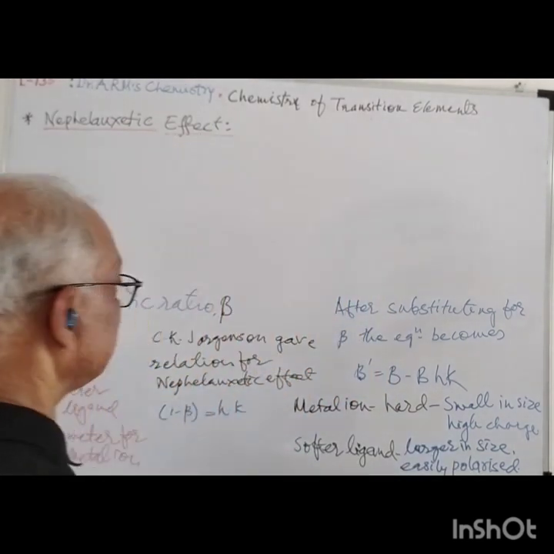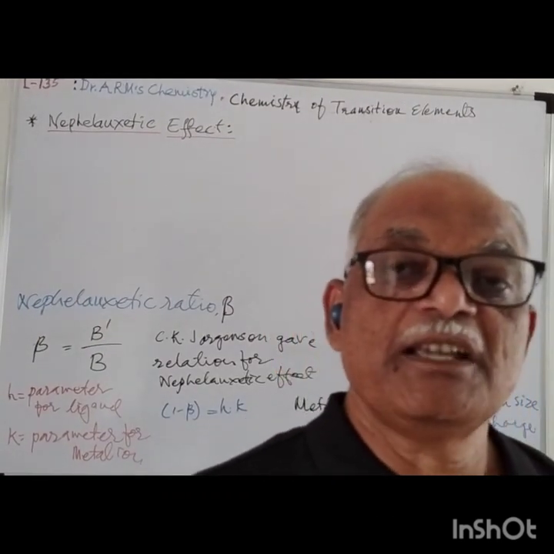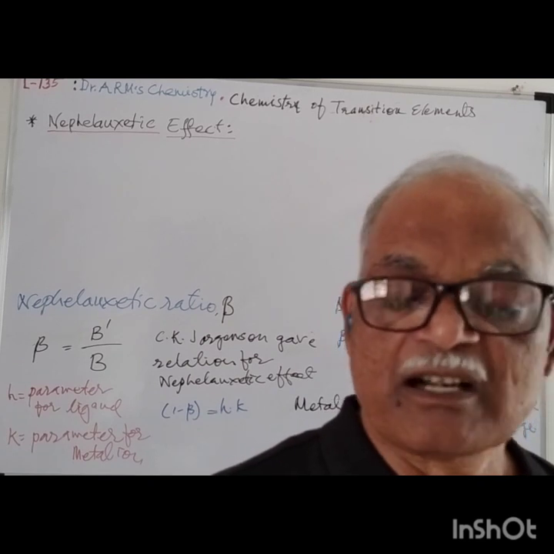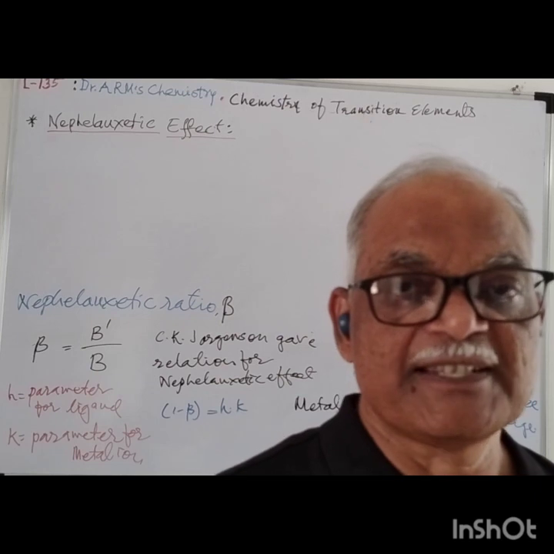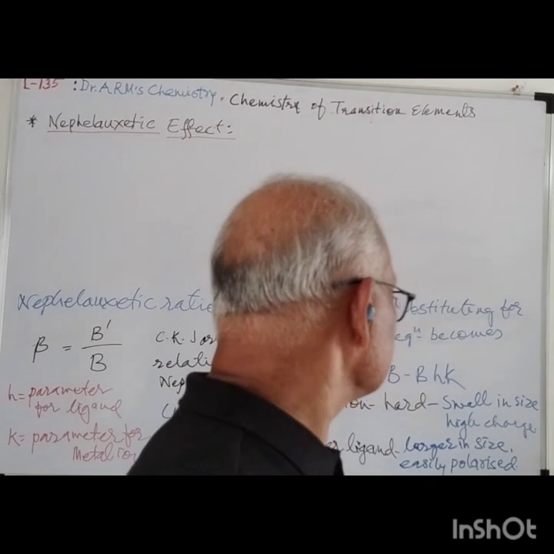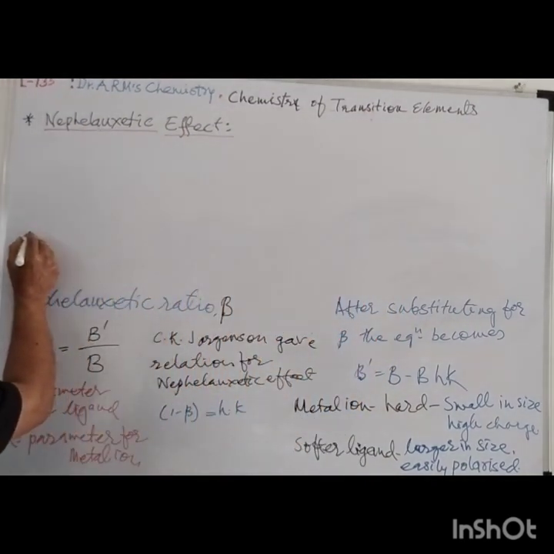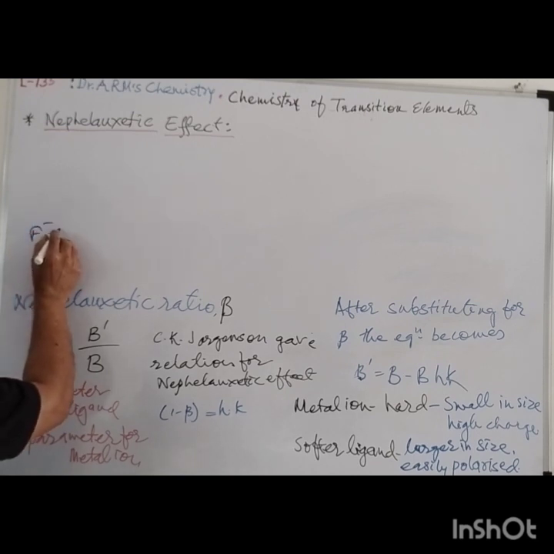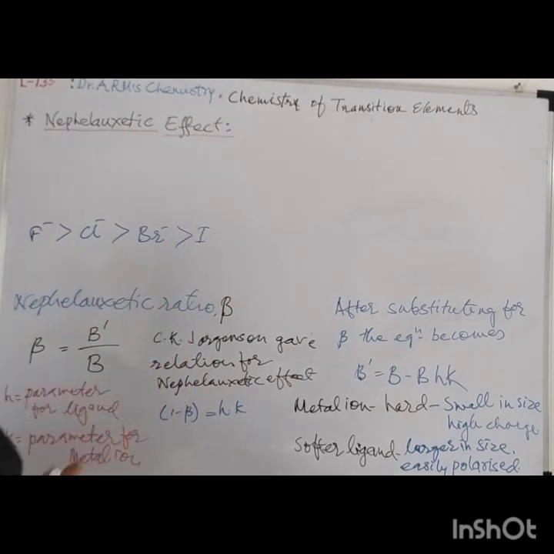So we can have the example of the I minus. If we see the halides, F minus is smallest in size, so it is harder. Then Cl minus is relatively larger in size, so compared to F minus, it is softer. So the order of these halides is given in this way: F minus, Cl minus, Br minus, I minus.